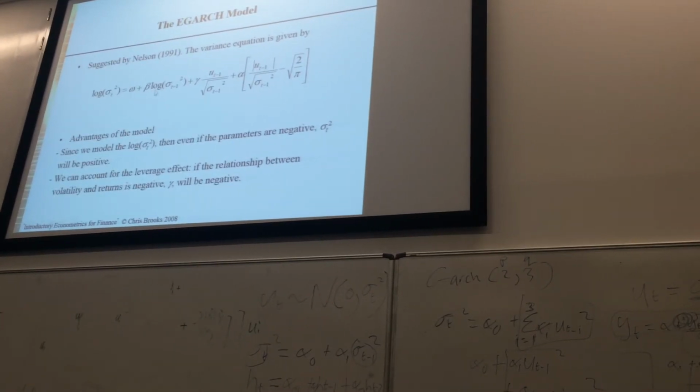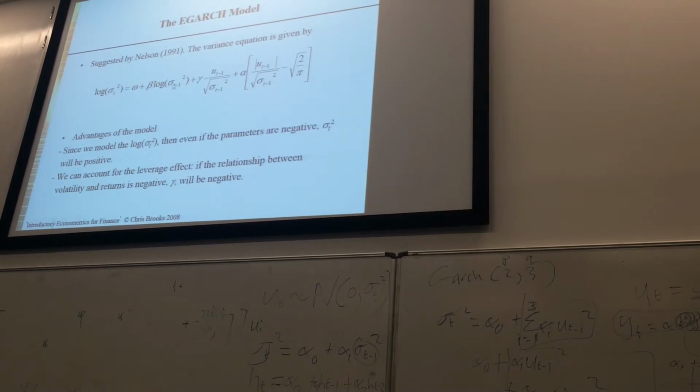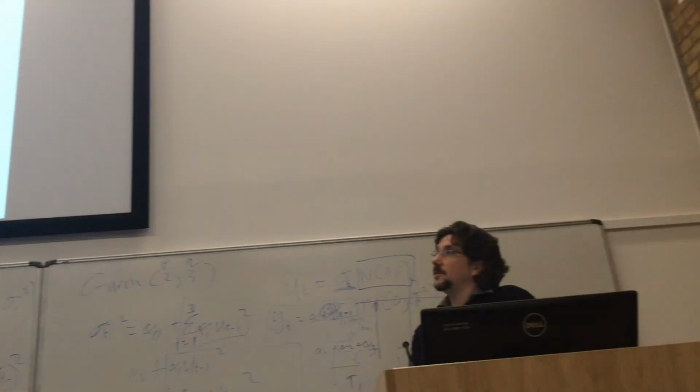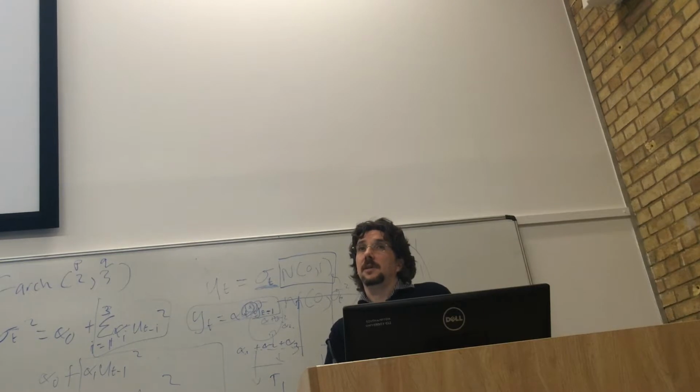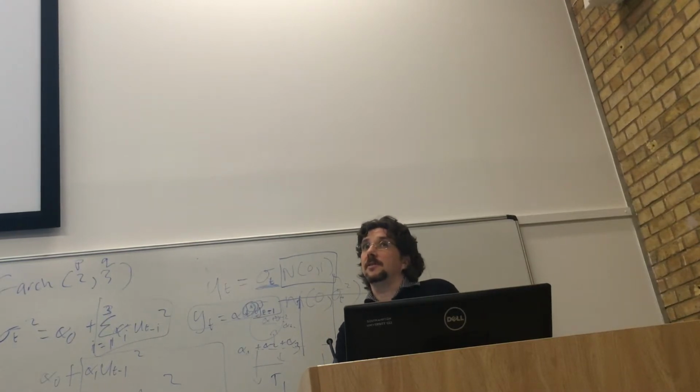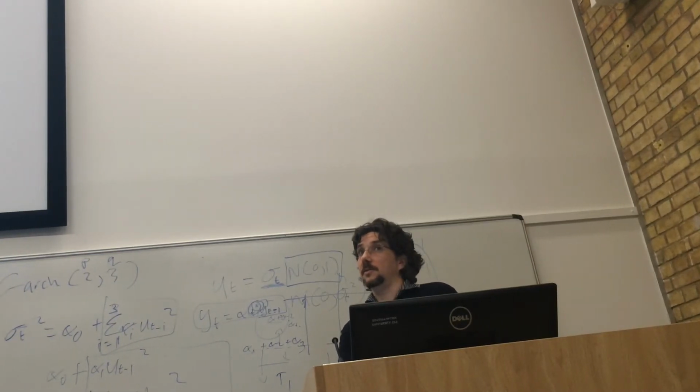One of them is beta times sigma of t minus 1 squared. But the thing to note is that you've just taken a log of both sides of the equation, and when you reverse that and take the exponent, it's constrained not to be negative by construction. So it's basically a trick to keep everything positive.